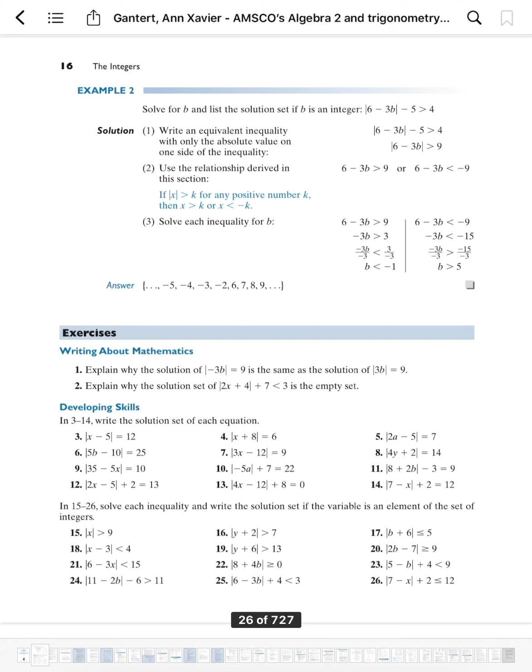We can test them out just to make sure. So by the revision process, 5 times negative 3 minus 10, take the absolute value, should give us 25. That is negative 15 minus 10, which is negative 25. And 25 is equivalent to 25. So that is true.